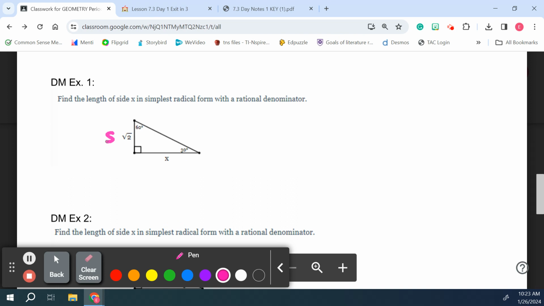That means x is our long side. What is x going to be here? Square root 2 times what? Yeah, very good. So I have square root of 2 times the square root of 3. Now this multiplies into the square root of 2 times 3, which is the square root of 6. So there's our x.